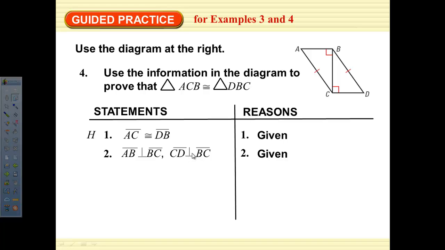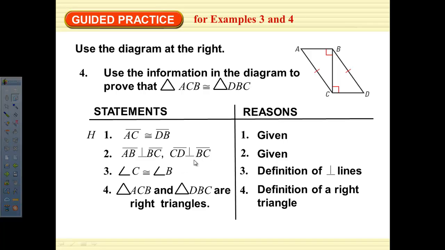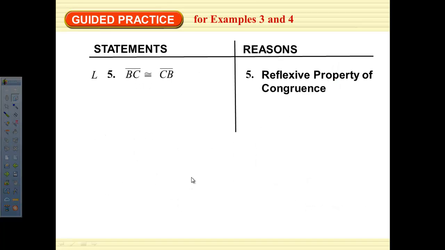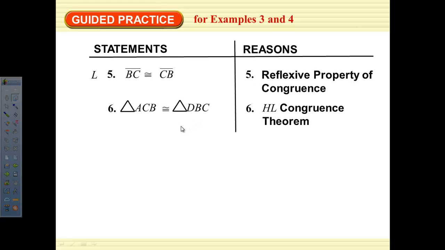Since those lines are perpendicular, we can state that those angles are congruent and that they form right angles, or right triangles rather. Now that we've done that, then we can state that BC is congruent to BC by the reflexive property, and we have our hypotenuse and our leg, so therefore the two triangles are congruent. And we're done here. Thank you.